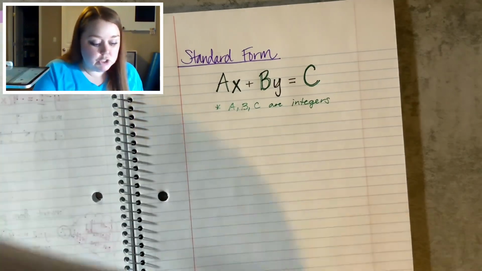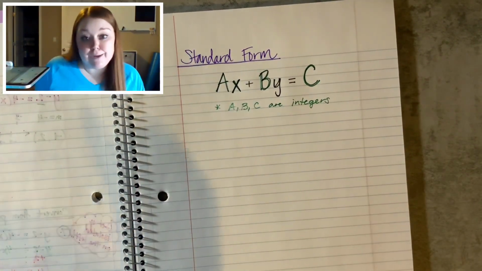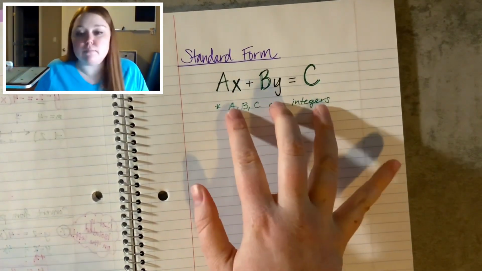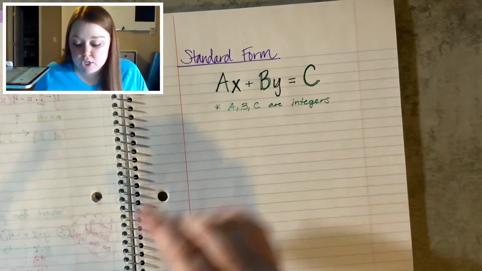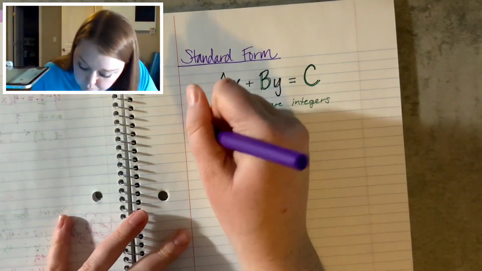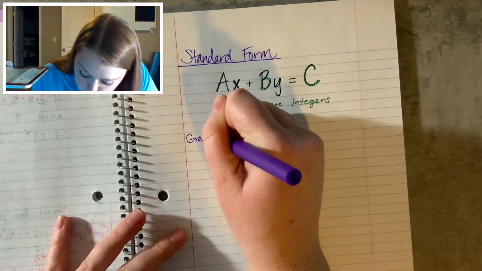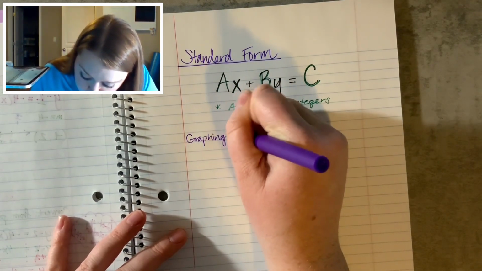So let's actually jump into graphing, because I can't do the whole thing where I tell you a slope, a point, because it's not clearly given to you. So we're going to go straight into how to graph these. Graphing standard form.